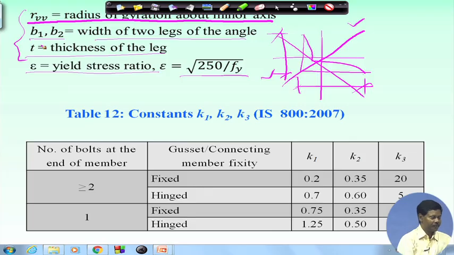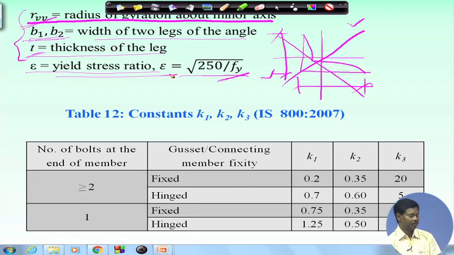So, for a particular angle section, we can find out the properties from the geometry. From SP 6, we can find out the value of R v b for a particular angle section. Then we know the width of the legs of the angle b 1, b 2 and the thickness of the leg. And also, if we know the grade of steel, then we can find out the yield stress ratio epsilon.